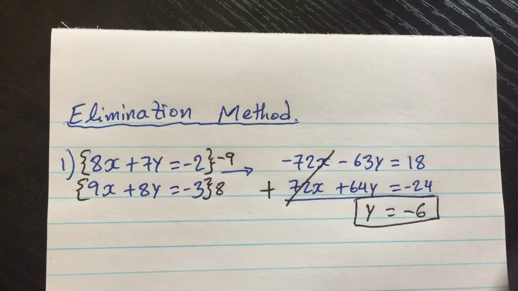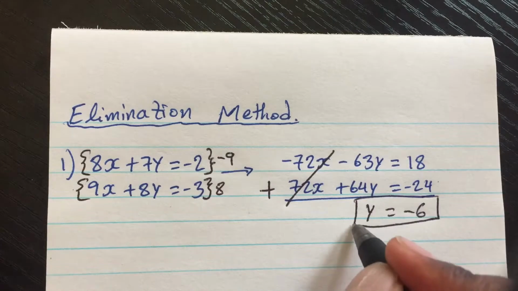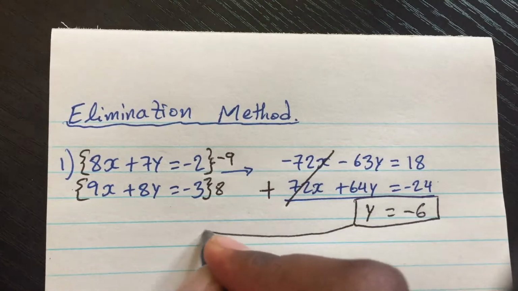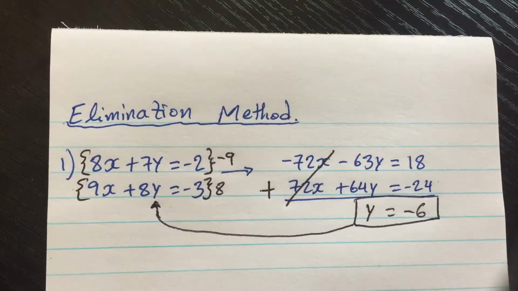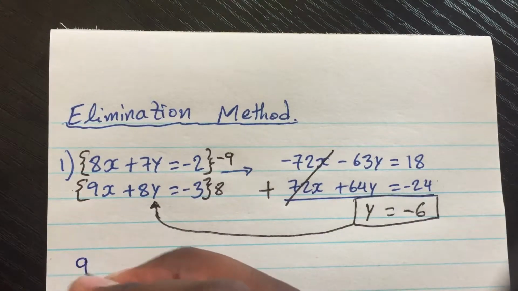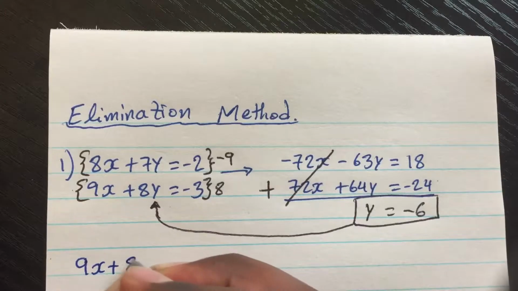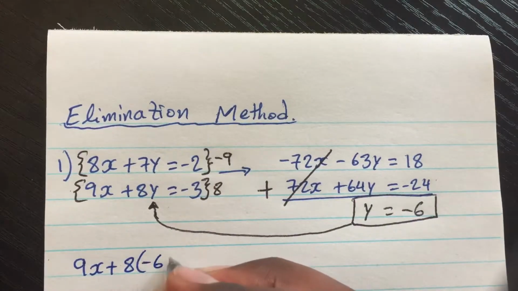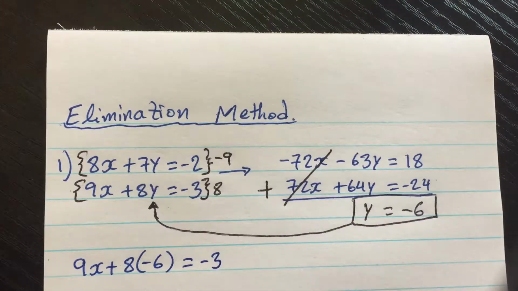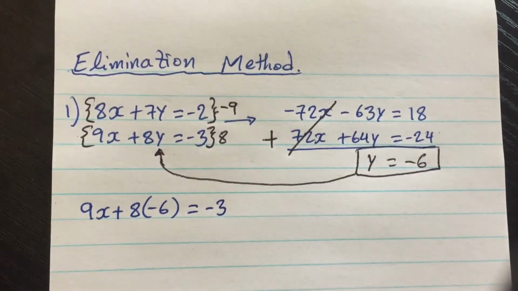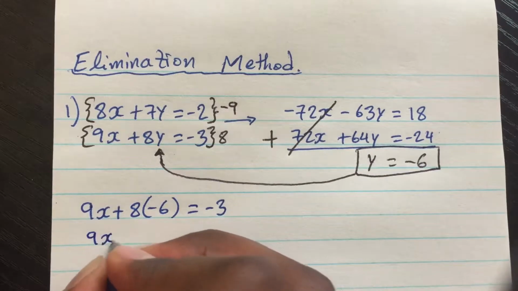Now, to find your x value, you take this result and substitute into either the first or the second equation for y. So I'll choose the second equation. 9x plus 8 times my y value, which in this case is -6, equals -3. Distribute the 8.